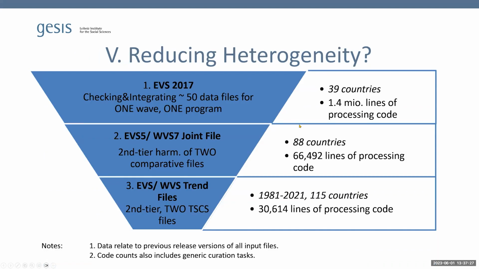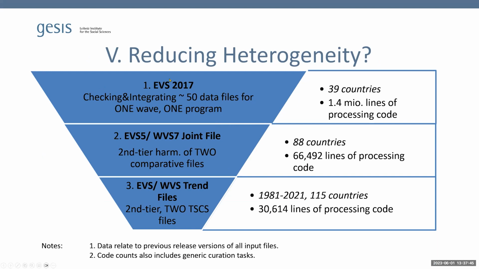Anyway, in a technical sense, before I conclude here, I just wanted to show you something brief that gives you an idea of how much heterogeneity sits at which level of these files.